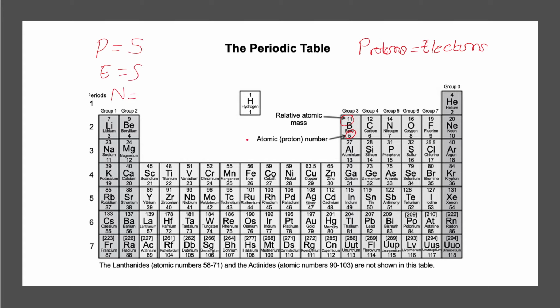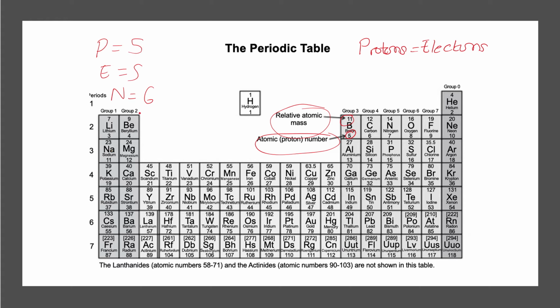All you have to do is subtract this number from this number. So it would be 11 subtract 5, which is 6. So we know boron has 6 neutrons because the atomic mass is the protons and the neutrons. We know protons is 5, we just need to know the neutrons, so we just do 11 subtract 5.